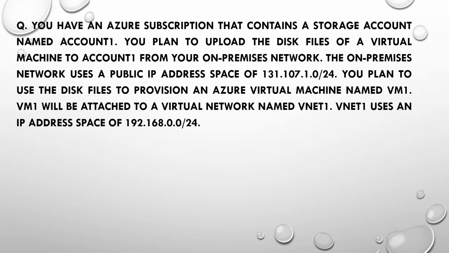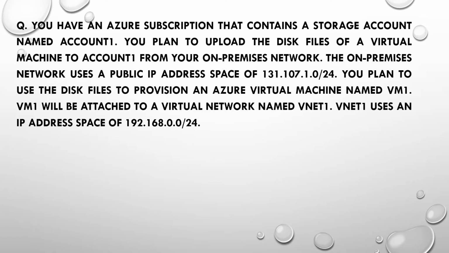The on-premises network uses a public IP address space of 131.1.1.0/24. You plan to use the disk files to provision an Azure virtual machine named VM1.